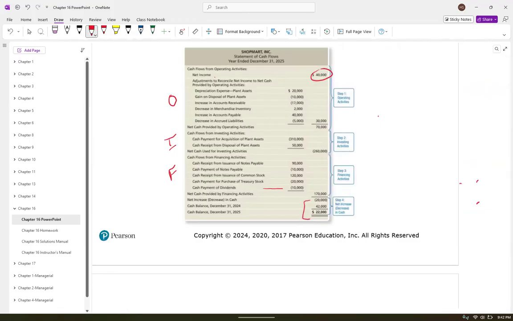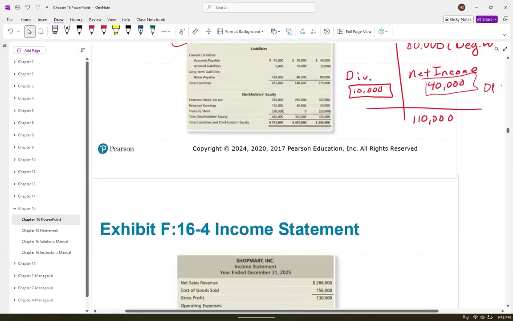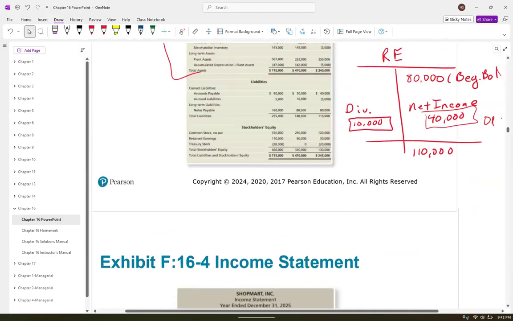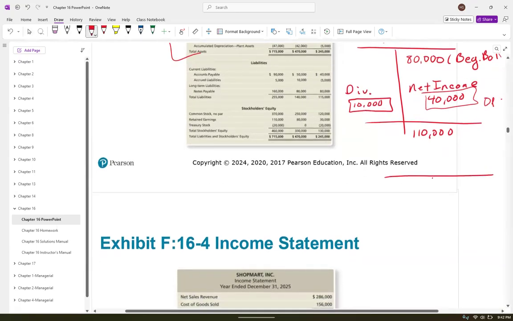Okay. We have one more thing on that comparative balance sheet. One more thing, and I'm not going to draw a T account out because we can see treasury stock started at 0, ended with 20,000. Well, maybe I will go ahead and do the T account because I love to do T accounts. Treasury stock is that contra equity account.